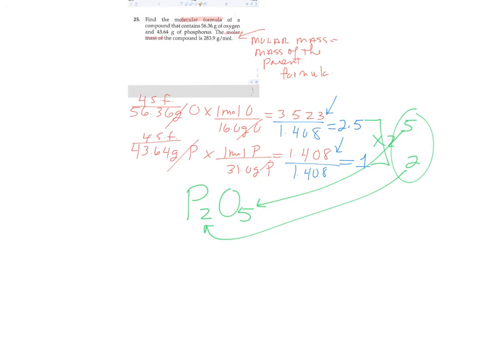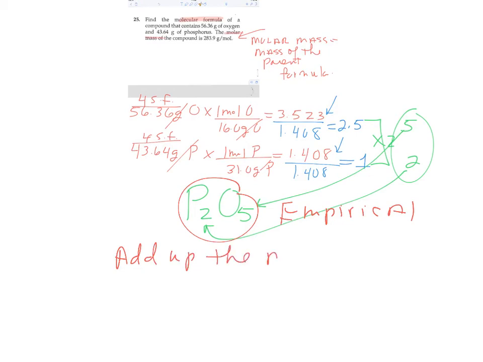The next step, though, what makes a molecular problem different from an empirical one, is the following step right here. To get the molecular, and remember, this is the empirical, so up to now it was exactly the same as the last problem that we did. We are going to take the molar mass, so add up the molar mass of this little empirical formula that we found.